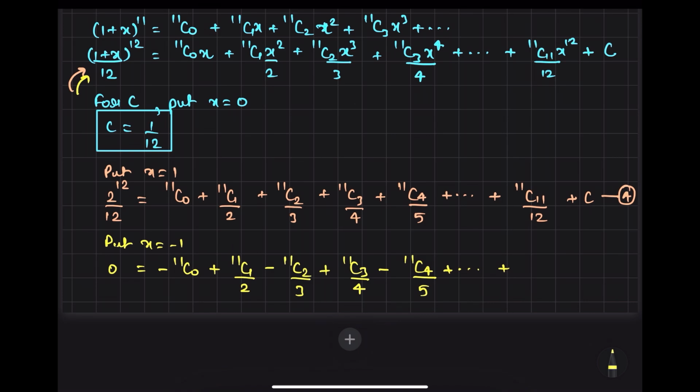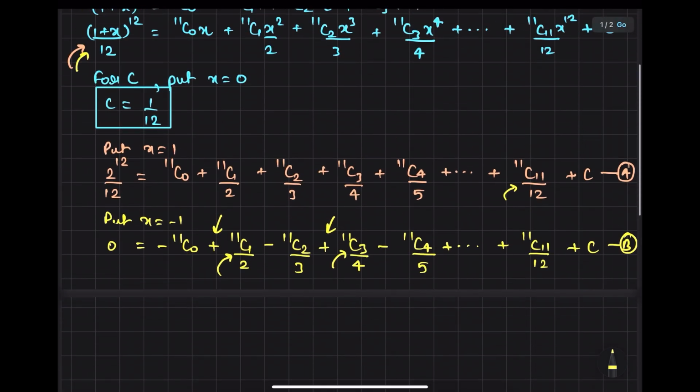Whenever we have odd lower subscript, the sign is positive. So here also odd lower subscript, so the sign will be positive. So 11c11 by 12 plus c, this is equation B.